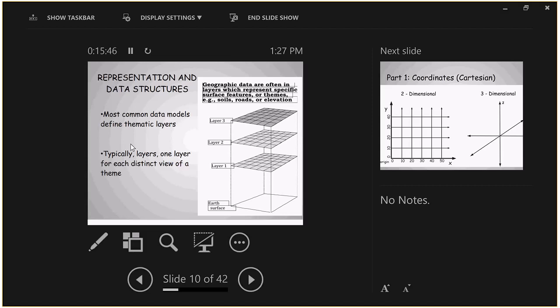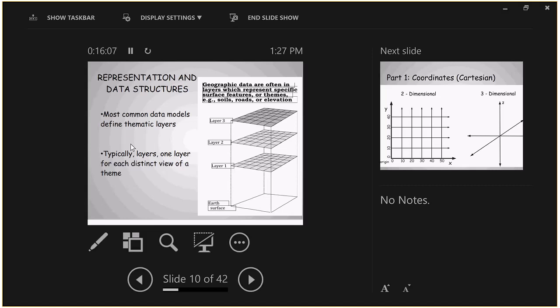All right. So these thematic layers that we talked about last week, for each thematic layer we decide to use either the raster data model or the vector data model, and we choose between points, lines, and polygons for each layer.